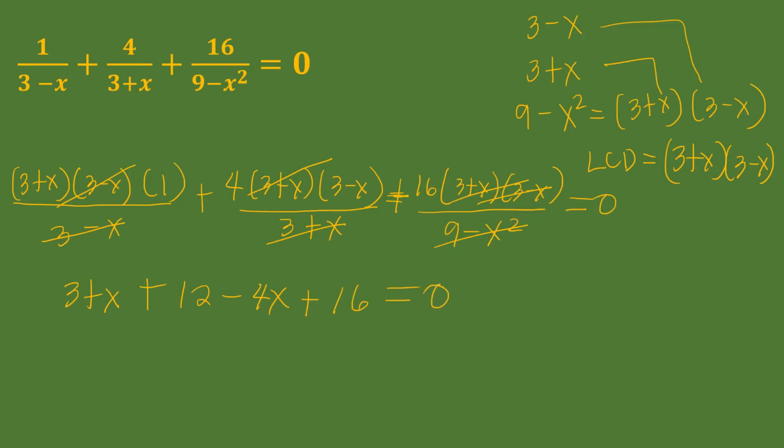Next, combine similar terms again. So we will have x minus 4x is equal to negative 16, negative 12, negative 3.